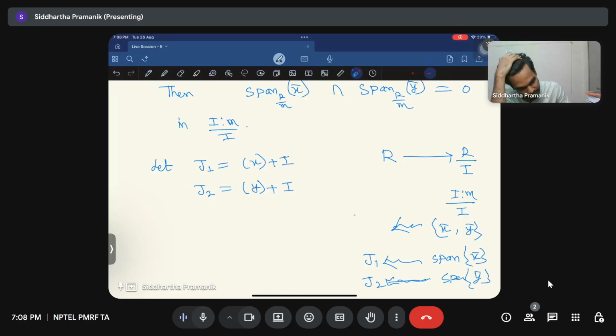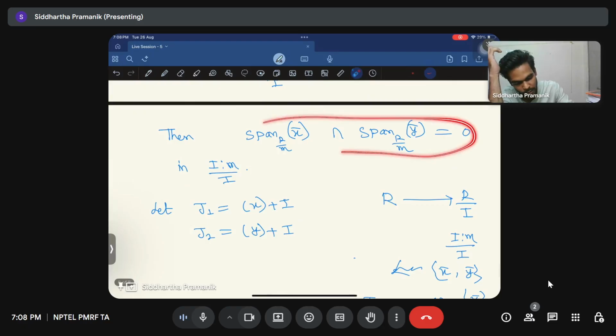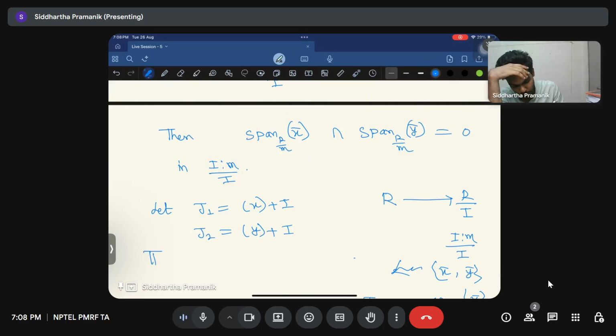And since the intersection of the subspaces is 0 in this quotient, the intersection of the inverse images has to be I. So J1 intersection J2 is equal to I.